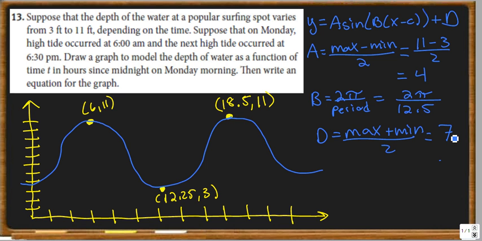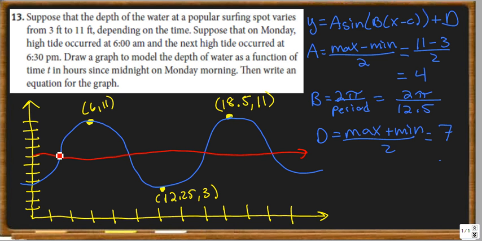So positive 7 for D. Now we need to draw our line going up to 7: 1, 2, 3, 4, 5, 6, 7. That's a little sloppy, sorry, but we just need to find where our graph intersects here.